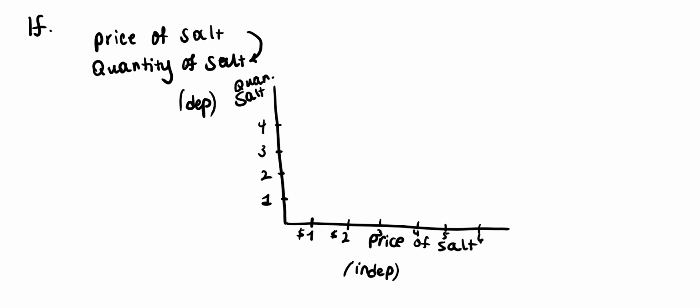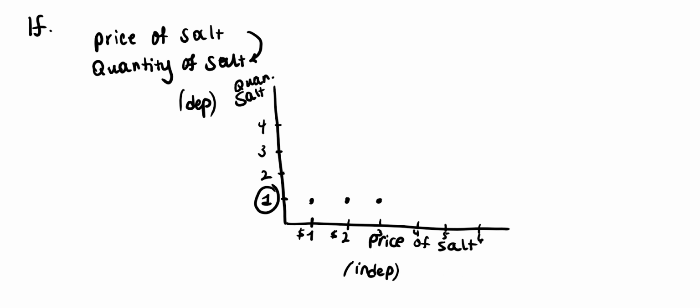Okay. So let's pick a quantity of salt that we think Americans are buying. I'm going to say they're buying, say, 1 shaker a month. Well, if the price of the shaker is $1, that means that they buy 1. Now, I would have thought that if the price goes up, then they're going to buy less, but actually, they buy the same. This is just 1 shaker.